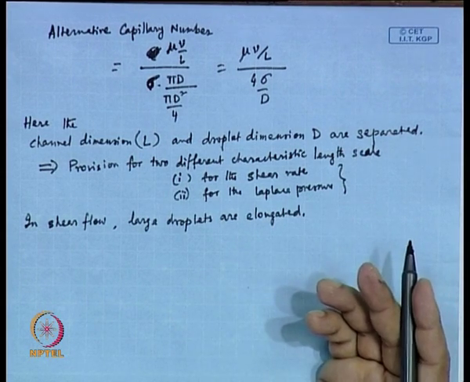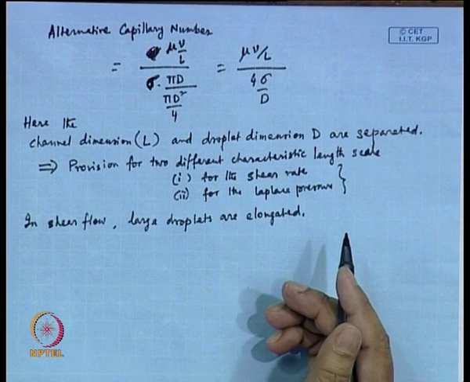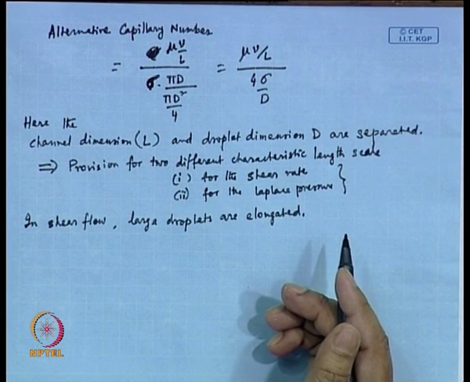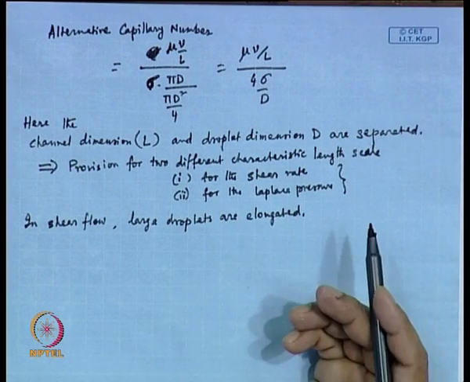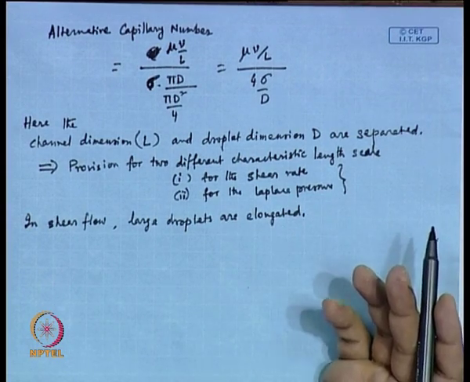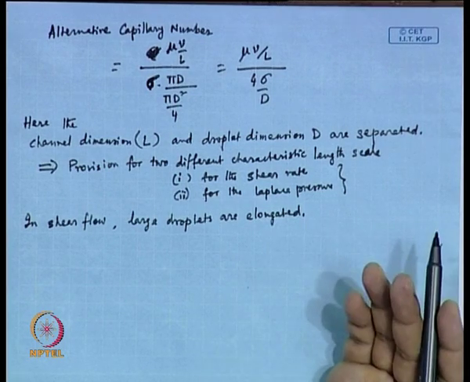It is understandable. We have already talked about elongational, linear stretching and all kinds of things. So, basically you are stretching the fluid. If instead of the fluid there is a droplet, the droplet will also be stretched.